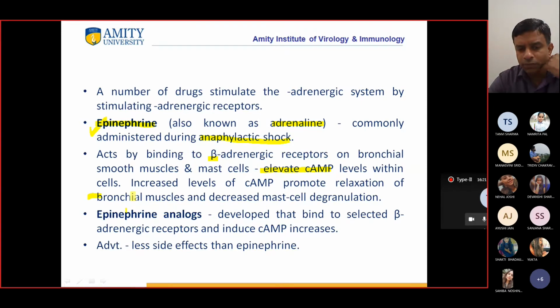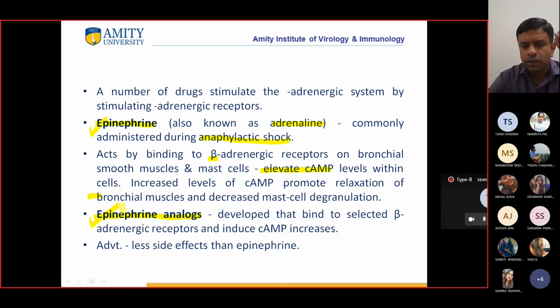So increased level of cAMP promotes relaxation of bronchial muscle and decreased mast cell degranulation. And now we have more such drugs which are called epinephrine analogs. So they are not epinephrine but similar to epinephrine. They were developed to bind to selected beta adrenergic receptors and induce a cAMP increase.